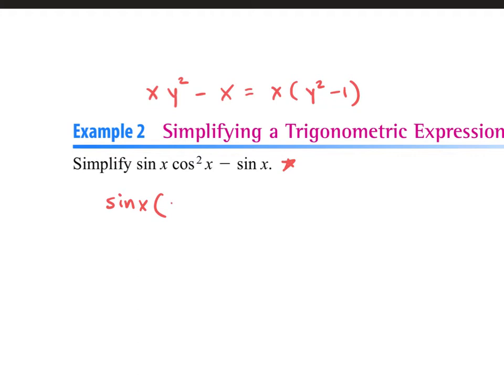Cosine squared x. What else? Minus 1. Perfect. So I'm dividing both of these by sine of x. So sine of x and sine of x cancel. We're just left with cosine squared x. And then sine of x over sine of x becomes 1.